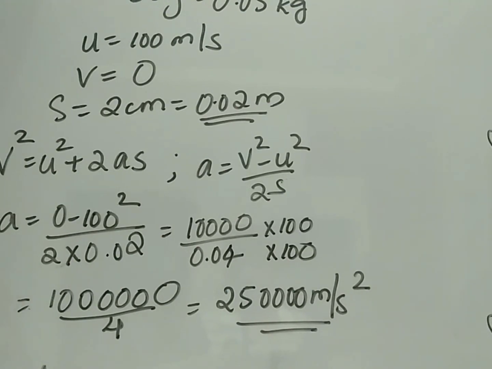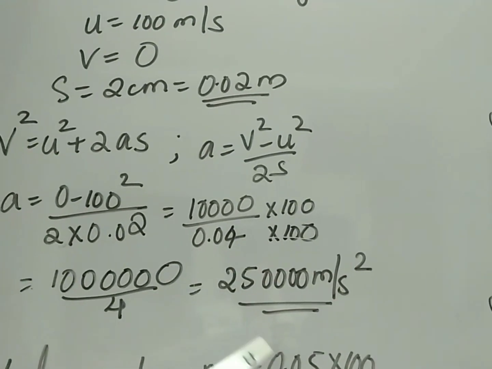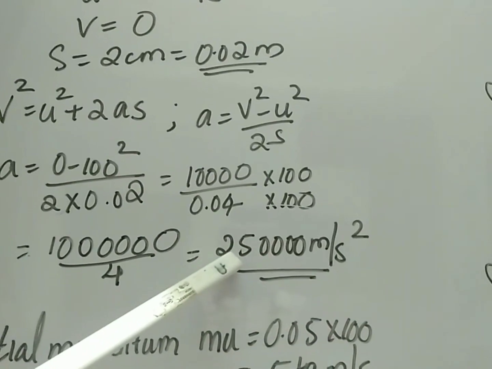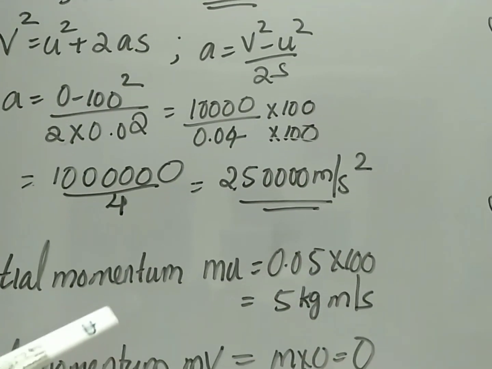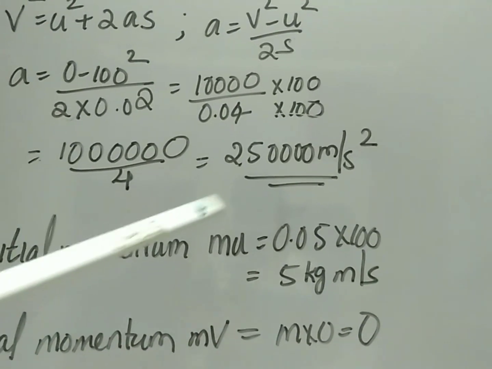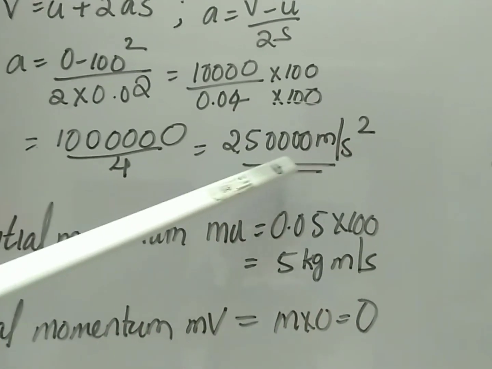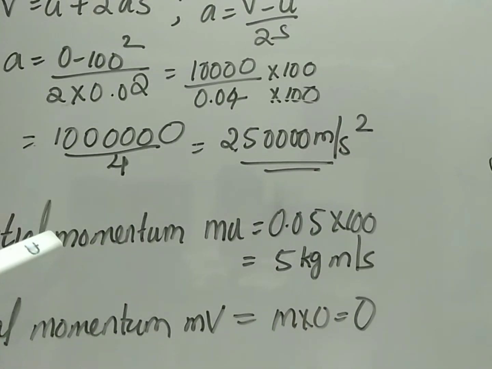In your textbook, you can find that instead of this, they are writing 2.5 into 10 raised to 5. Both answers are correct. You may either write it as the power of 10 or you can write 2,50,000 meter per second square. So we got a basic physical quantity, acceleration. Now we can find initial momentum.